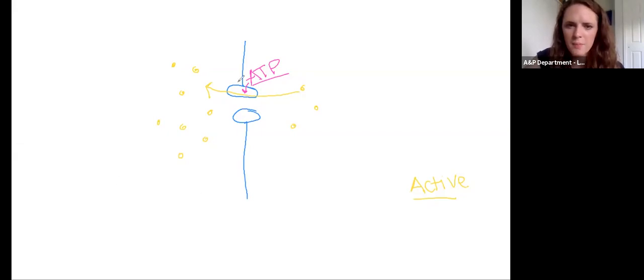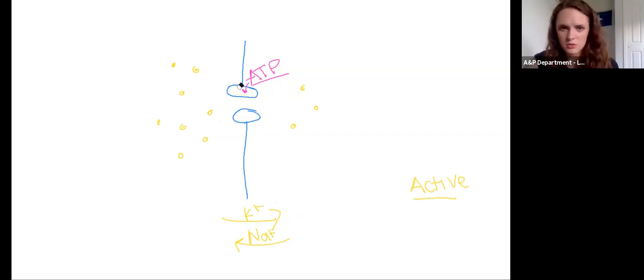You're going to be pumping a bunch of potassium into your cell and a bunch of sodium out of your cell. So potassium always goes in, sodium always goes out. Okay, and that will become very important when we deal with muscles and action potentials. Okay, so that's active transport. It's moving against its gradient using ATP or energy.